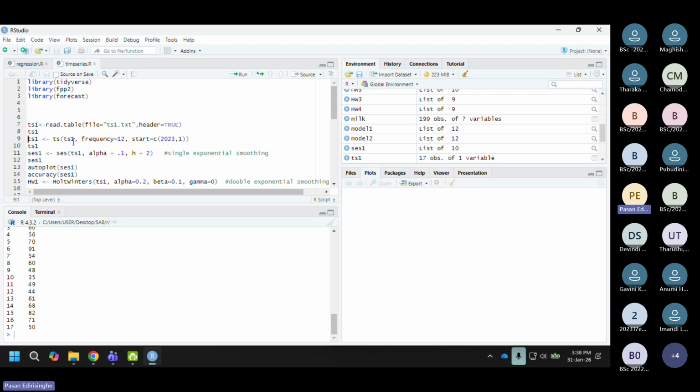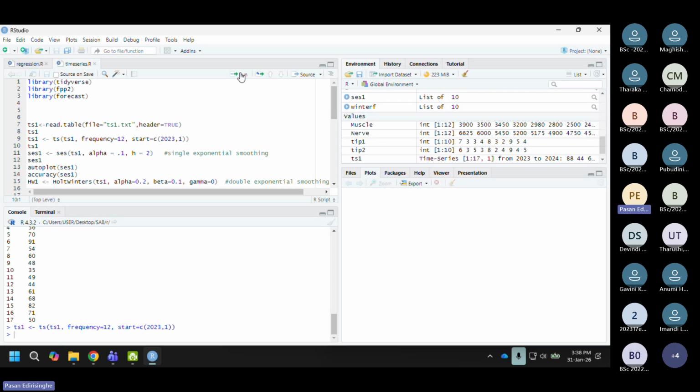And saying that the data has a frequency of 12, starting from 2023 January. One is indicating January, right? So I'm asking it to label the data like that.